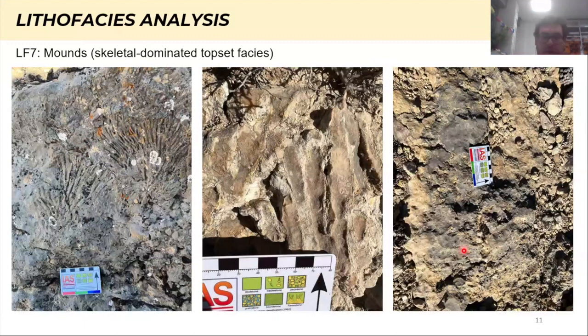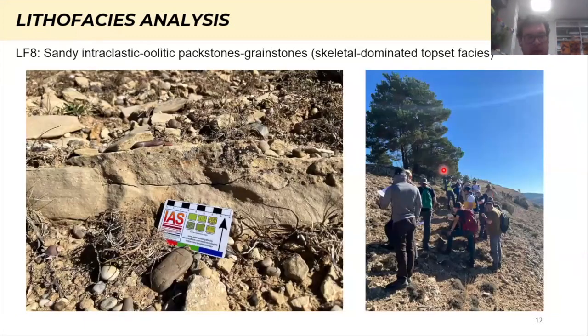Lithofacies number 7, composed of metazoan-dominated mounds, with corals in the left picture, stromatoporoids in living position in the center picture, and in the right one, microbial crust. The last facies observed was the sandy intraclastic oolitic packstone and grainstone, intermound facies, decimetric beds of fine-grained intraclast oolitic sand and marls, locally rounded skeletal fragments, and occurrence of quartzite pebbles and sand.